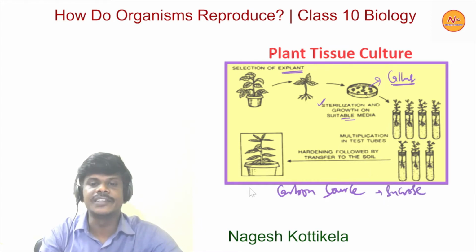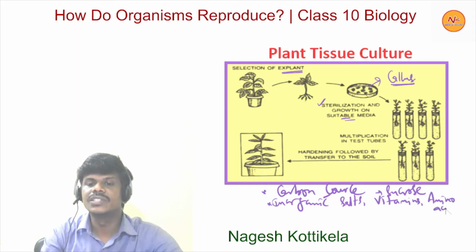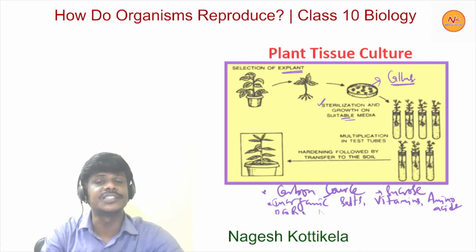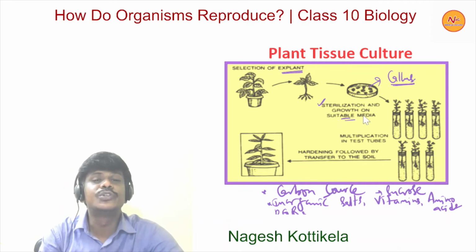This is one example, and it should also contain inorganic salts, and also vitamins, amino acids, and plant growth regulators. Okay, so this is like auxins, cytokinins, etc. So all these must be present in this suitable nutrient medium.